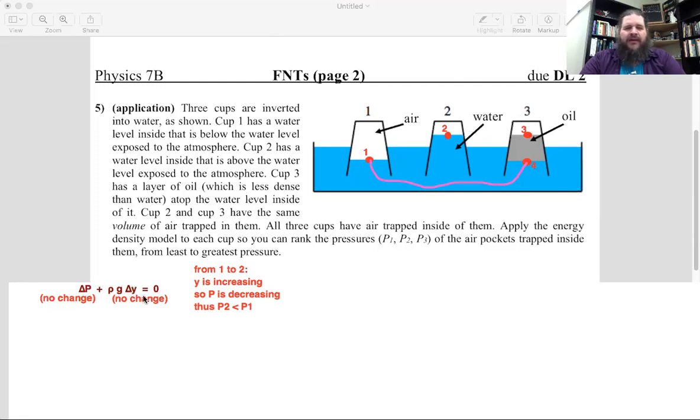But in a hydrostatic system, no change in height is also going to imply no change in pressure. So 1 and 4 are at the same pressure. And then if we go from 4 to 3, that's entirely within oil. So as you go from 4 to 3, what's happening?